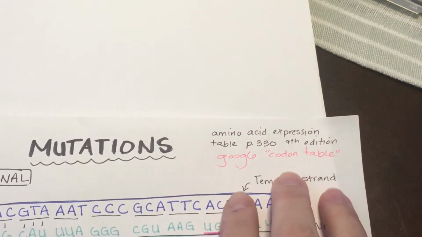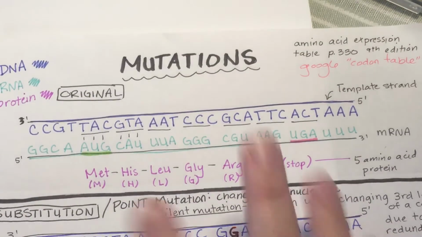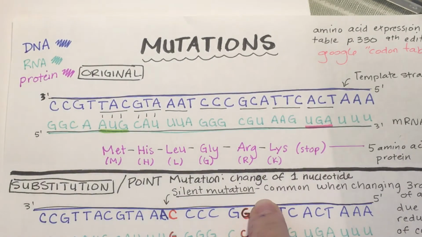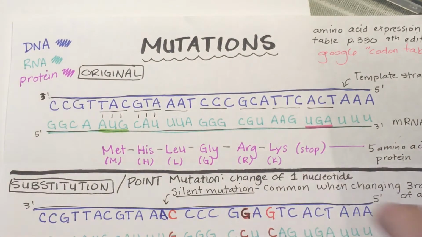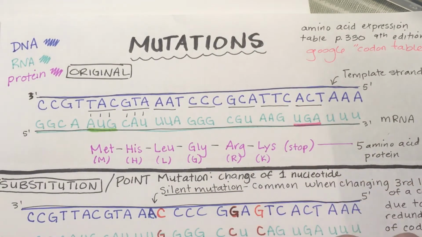There's also going to be one on the assignment that I'm posting, but if you want to just work off online, you can do that. Look up codon table. You can find the wheel version if you like that, or the rectangular one. On the AP Bio test, it will be the rectangular table-like structure, not the wheel.